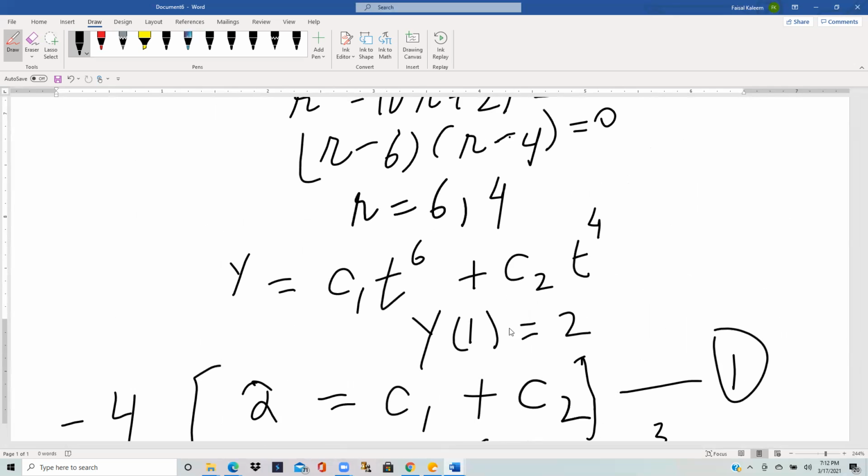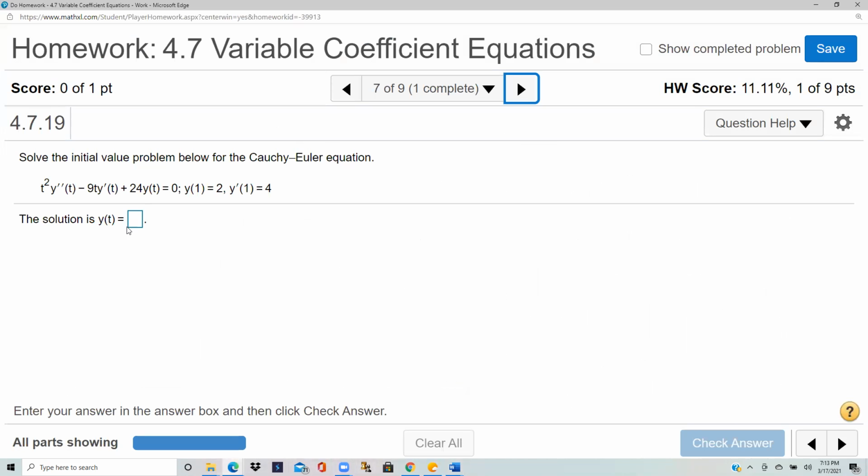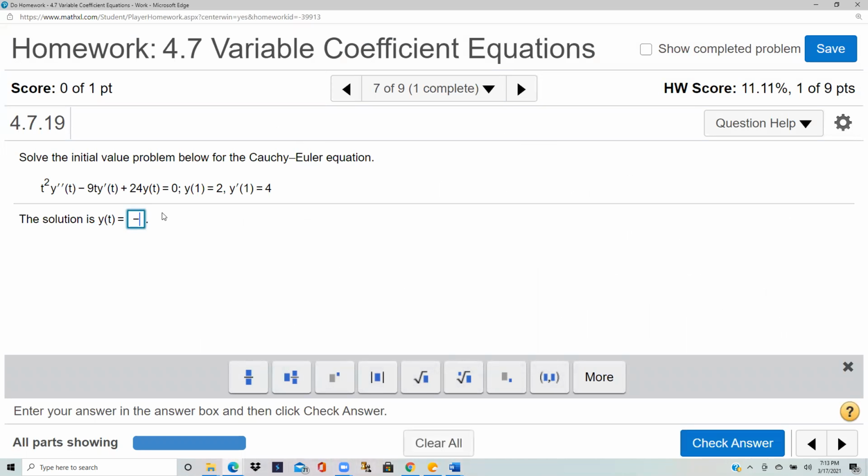And we have this as the solution: y = c1 t^6 + c2 t^4, so −2t^6 + 4t^4.